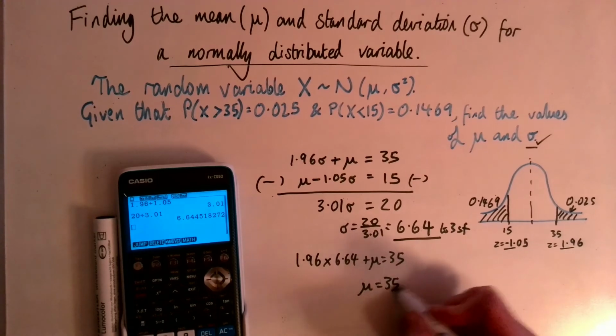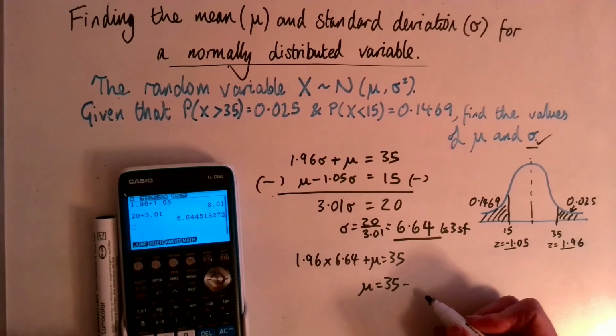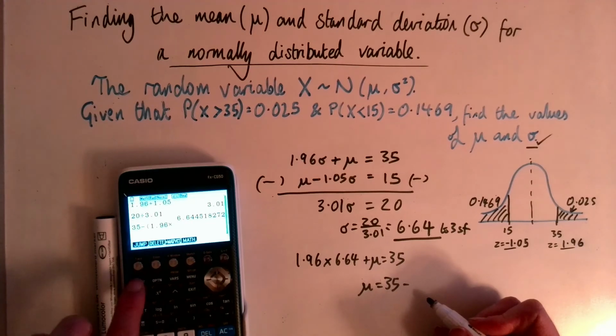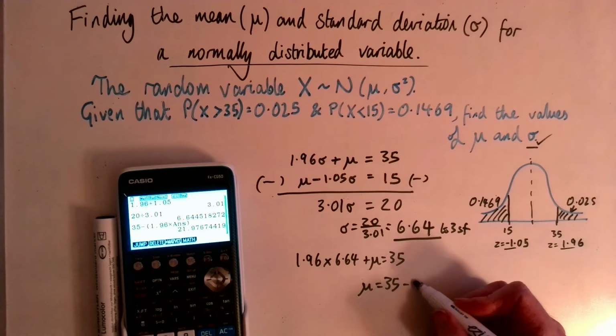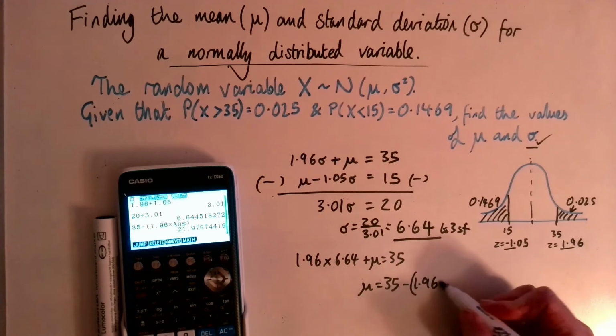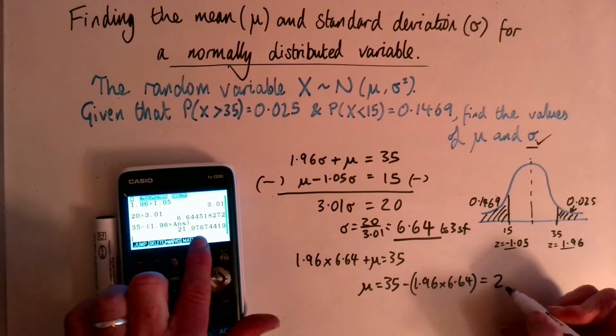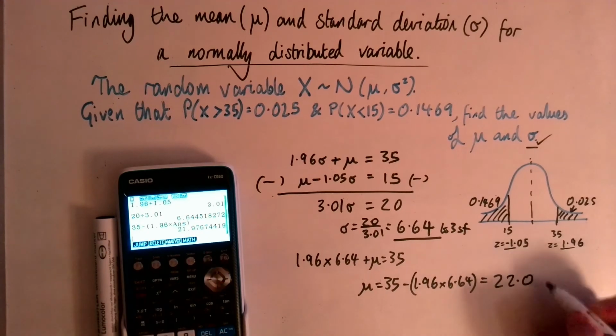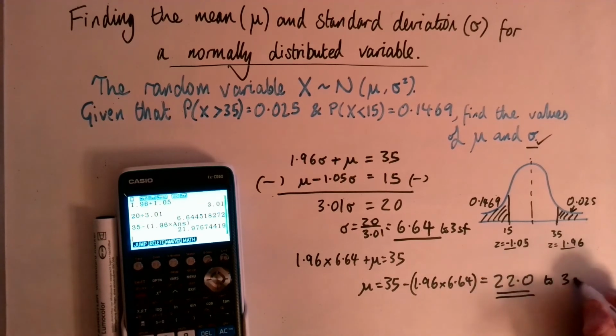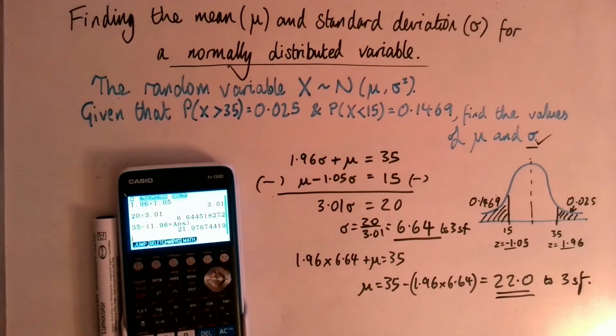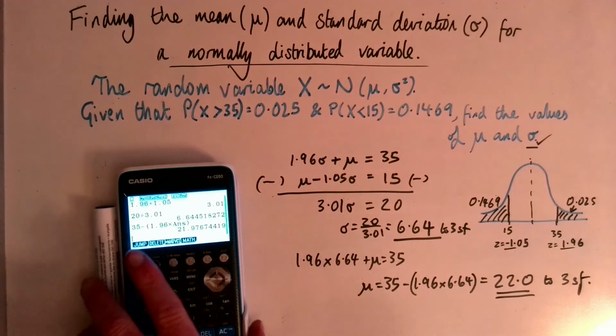So if I do 35, take that in my calculator, in fact I can do that all in one go, 1.96 times, that's the last thing that was in there, so if I put answer, sorry, 1.96 times 6.64, that gives us 21.97, so that is 22.0 to 3 significant figures. And that's the question answered.